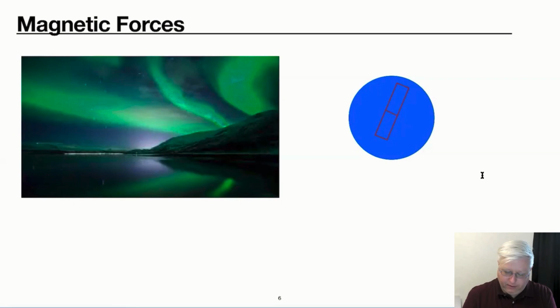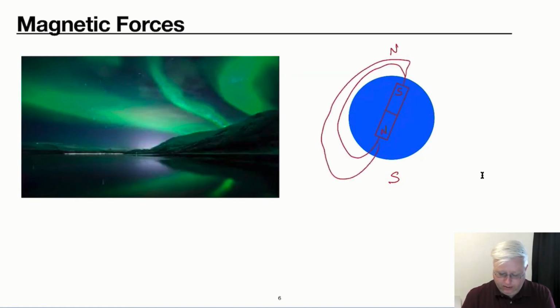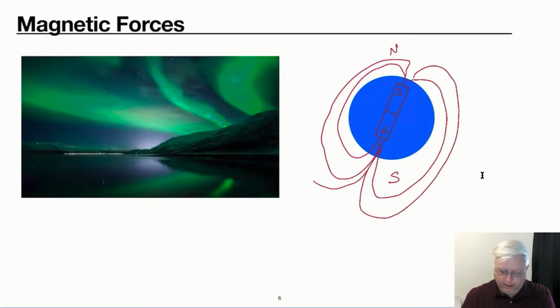And we know that if this is the North Pole, and this is the South geographic pole, what we said was that the North geographic pole has a south magnetic pole, and these are all just based on what we've defined as magnetic north and magnetic south, and geographic north and geographic south. And so the north magnetic pole is toward the south geographic pole. And so we know that a bar magnet is creating these field lines that look like this, right? So that's sort of what the Earth's magnetic field looks like.